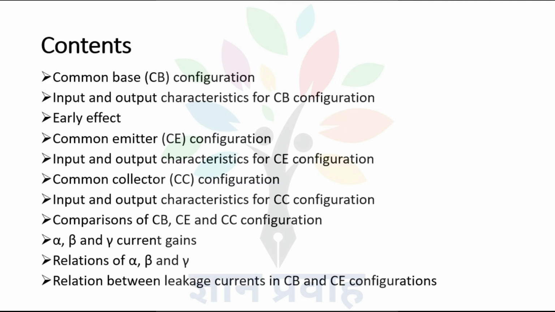These are the contents of this lecture: common base or CB configuration, input and output characteristics for CB configuration, early effect, common emitter or CE configuration, input and output characteristics for CE configuration, common collector or CC configuration, input and output characteristics for CC configuration, comparisons of CB, CE and CC configurations, alpha, beta and gamma current gains, relations of alpha, beta and gamma, and finally relation between leakage currents in CB and CE configurations.